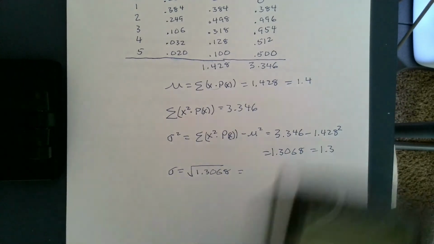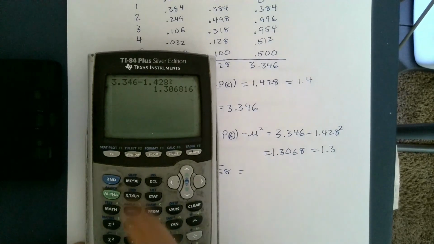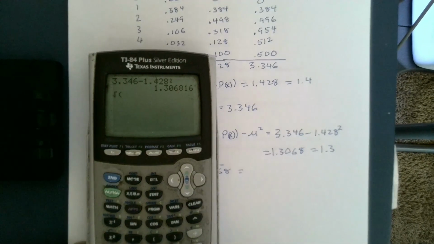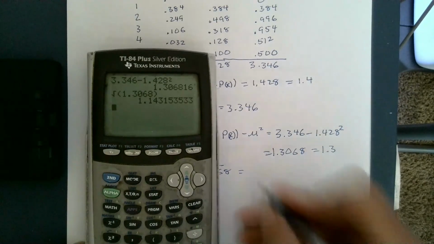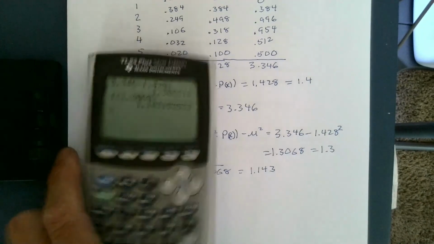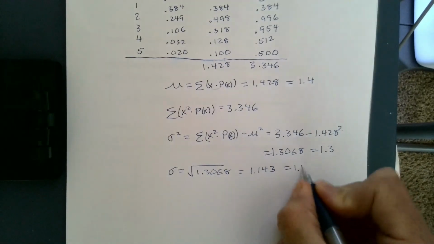So using our TI-84 calculator again, this results in 1.143. And when we round off to one decimal place, we get 1.1.